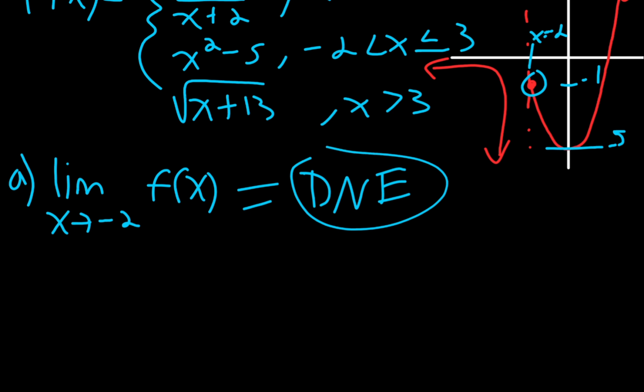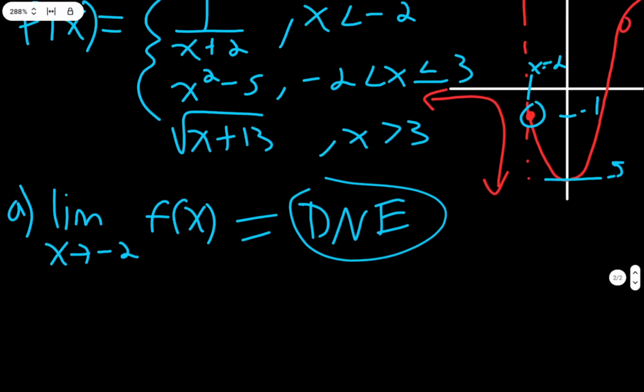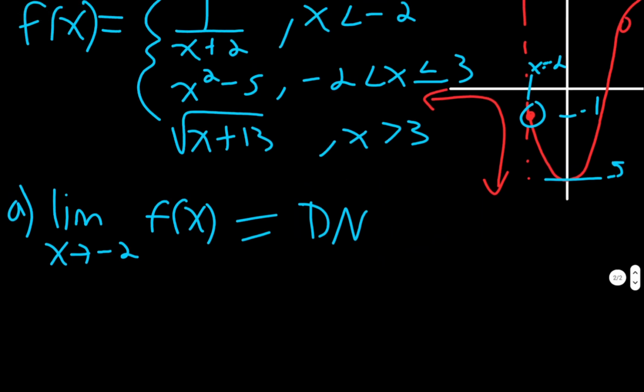But how are we going to solve this by looking at this huge piecewise function? The answer is simple. We're going to look at the domains and see what we can plug in based on the domain. If we have x equals negative 2, where can x equal negative 2 on this graph? Nowhere.